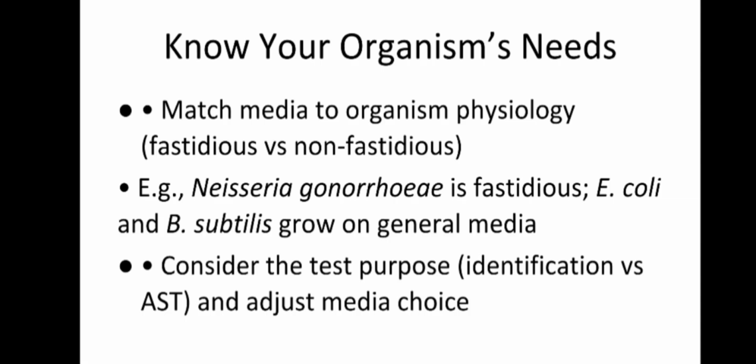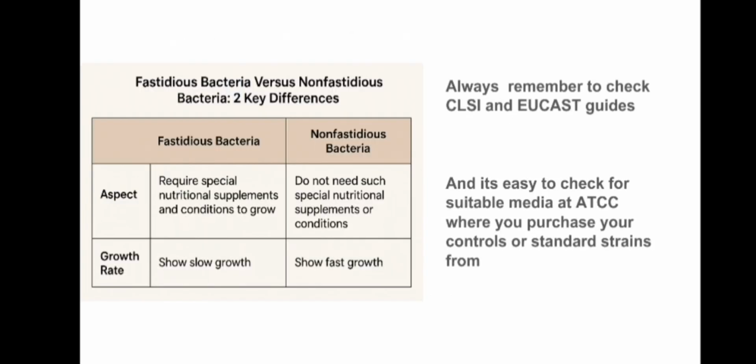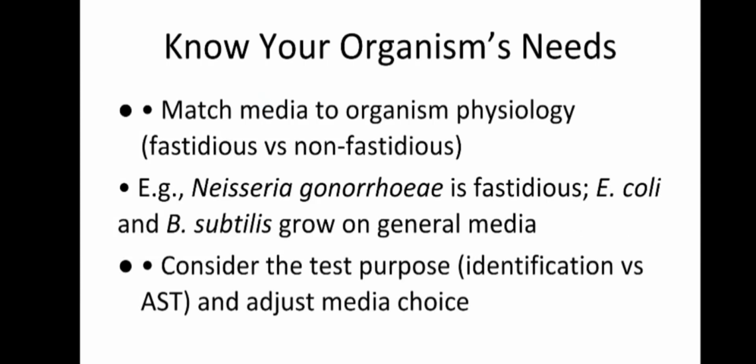So first of all, you have to match the media to the organism's physiology. These are the easiest ways to do it, and you can follow CLSI, EUCAST, or ATCC protocols. For example, Neisseria gonorrhea is fastidious, and E. coli and Bacillus subtilis grow on general media.